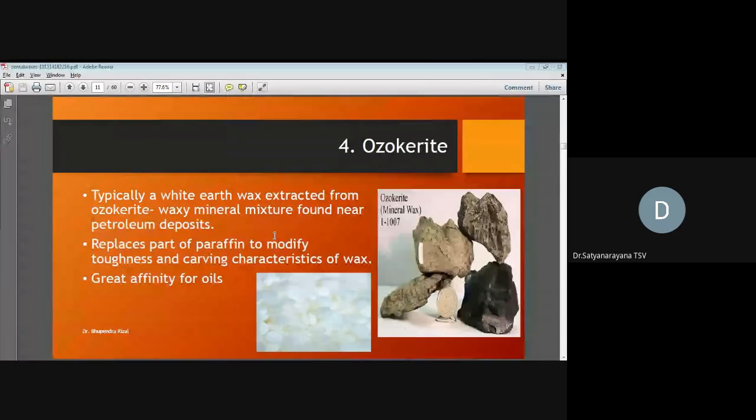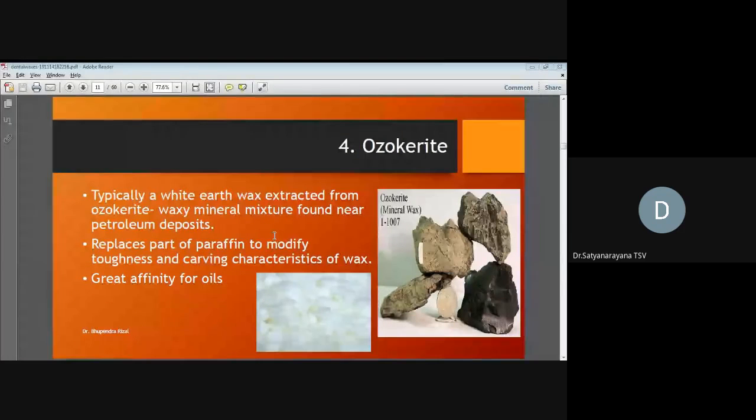Next is your Ozokerite. Typically a white earth wax, extracted from a waxy mineral mixture found near petroleum deposits. It replaces parts of the paraffin to modify toughness and carving characteristics of the wax, and has greater affinity for oils. See, whenever you are talking about different waxes, they are usually added to your paraffin to modify the melting range or to get desired characteristics.